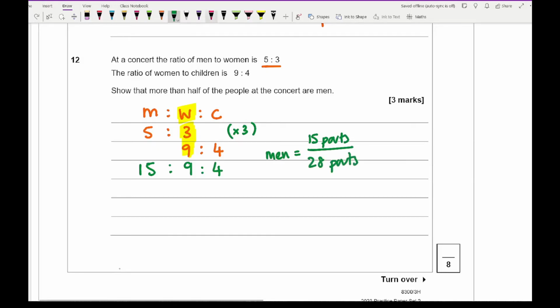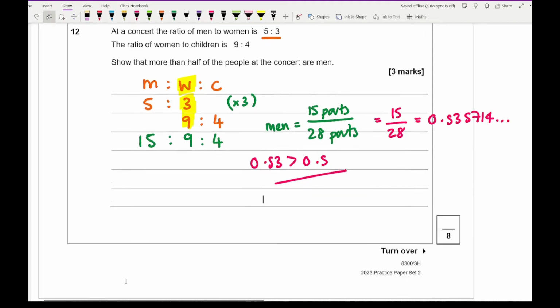So then seeing if this is more than half, that's going to be 15 over 28, and if I convert that into a decimal, 15 divided by 28 gives me an answer of 0.535714 and so on. So here we can see that 0.53 is greater than 0.5, and there we have proved what they wanted me to prove.